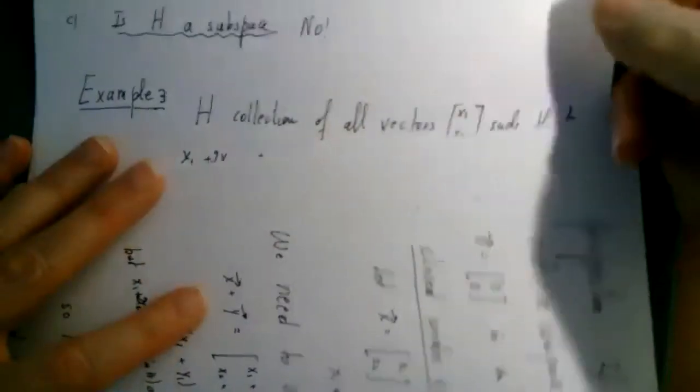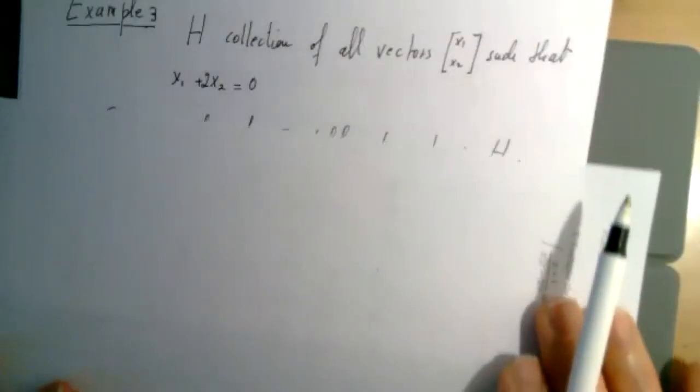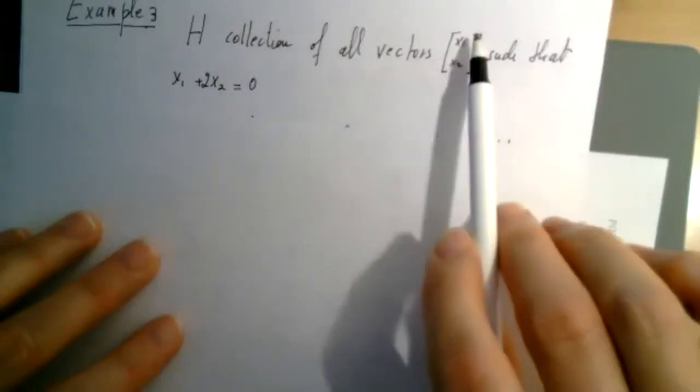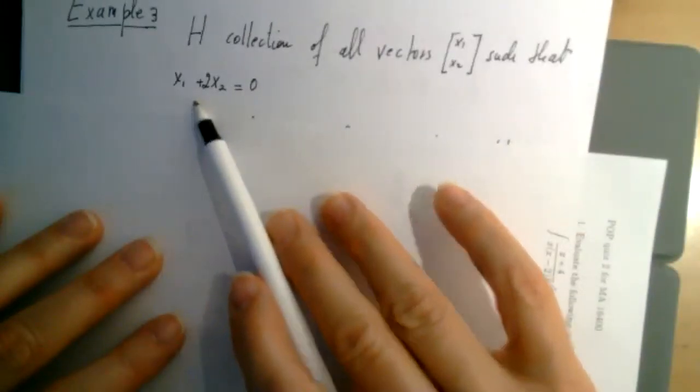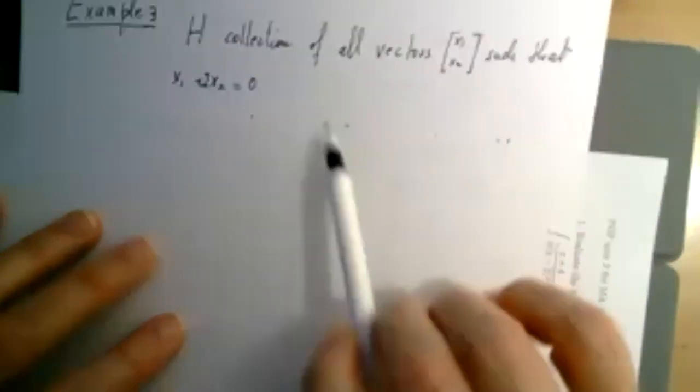So go back to my notes. Sorry, I'm missing a page. Right here. Okay, this is my example number 3. Let H be the collection of all vectors (x1, x2) such that x1 plus 2x2 equals 0.